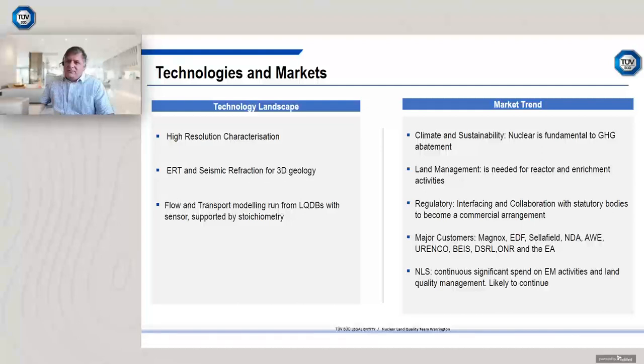And I believe that the nuclear licensed sites will continue to have a significant spend on environmental monitoring activities and land quality management. That's going to continue, particularly with respect to, as I said, meeting the challenges of providing more clean energy, and also the challenge of, in some cases, storing nuclear waste and disposing of nuclear waste.